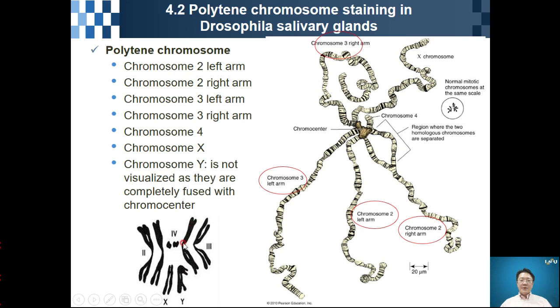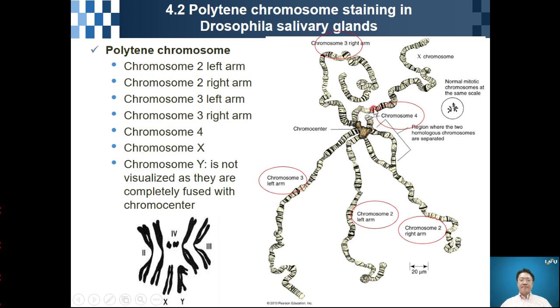And also there is chromosome 4. Chromosome 4 is very small, like this. Here they have the left and right arms together.